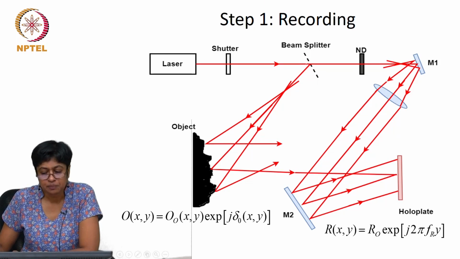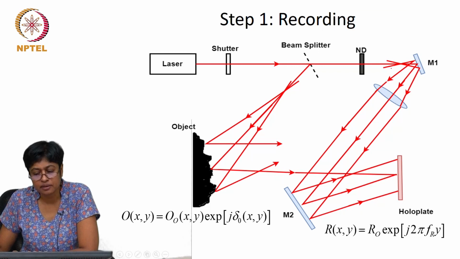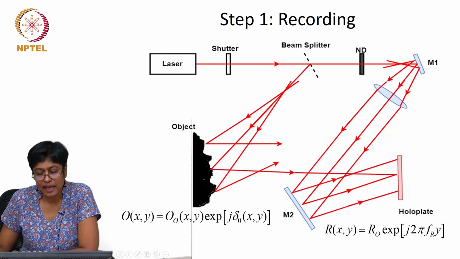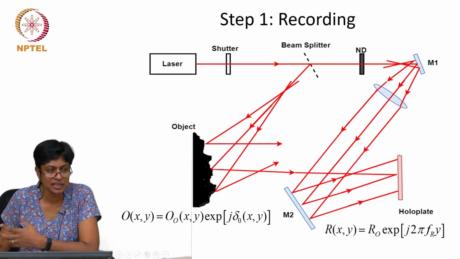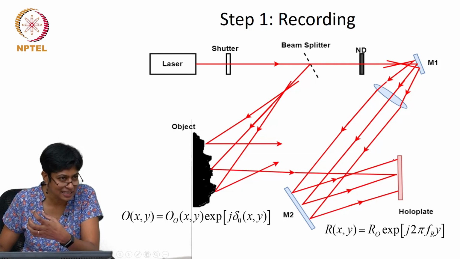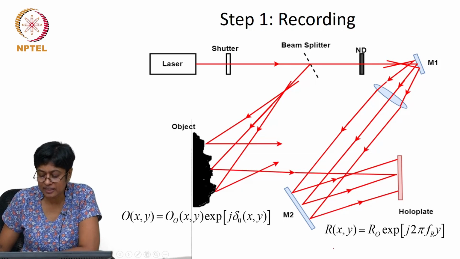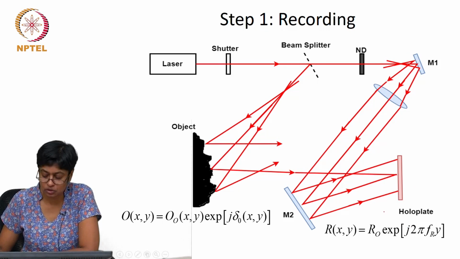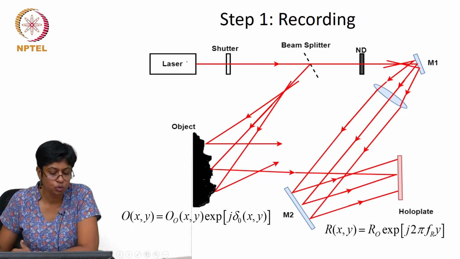That's the information you want to somehow store and then later extract through the reconstruction process. The other beam goes to another mirror. I'll come back to this element later. Then you have a set of mirrors and lenses that gets it to the correct size, as well as redirects it to a plate which is sensitive to light, called the holo plate. So these are the two beams now.